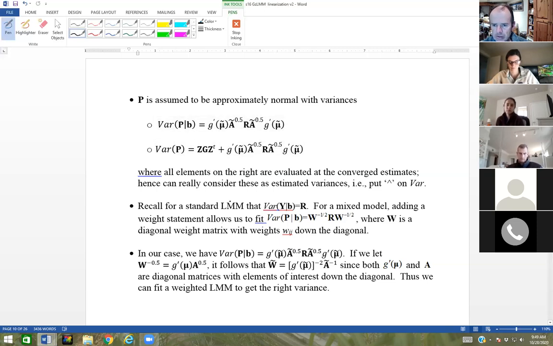So this is just a description of how the variance of the pseudo data is in relation to the variance of the original data, and how we could use a weight statement in the linear mixed model to get the appropriate variance of the pseudo data.